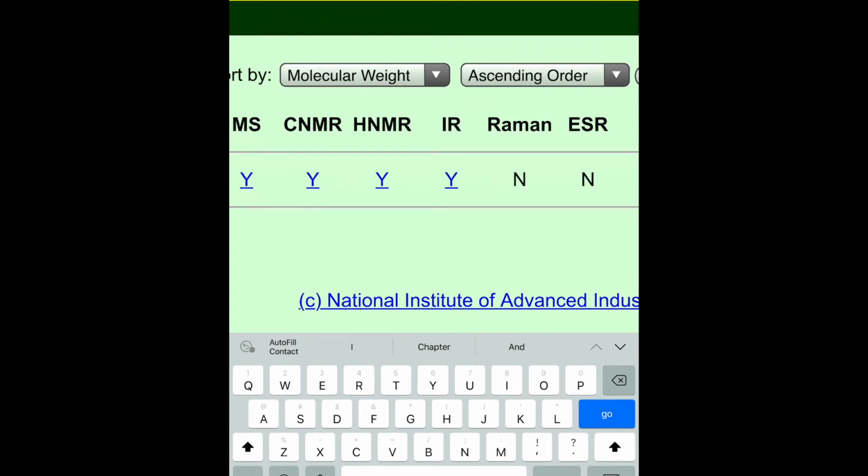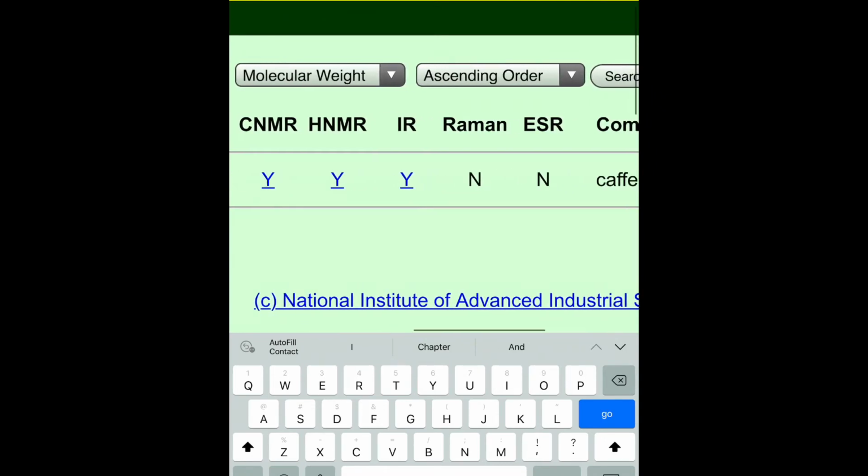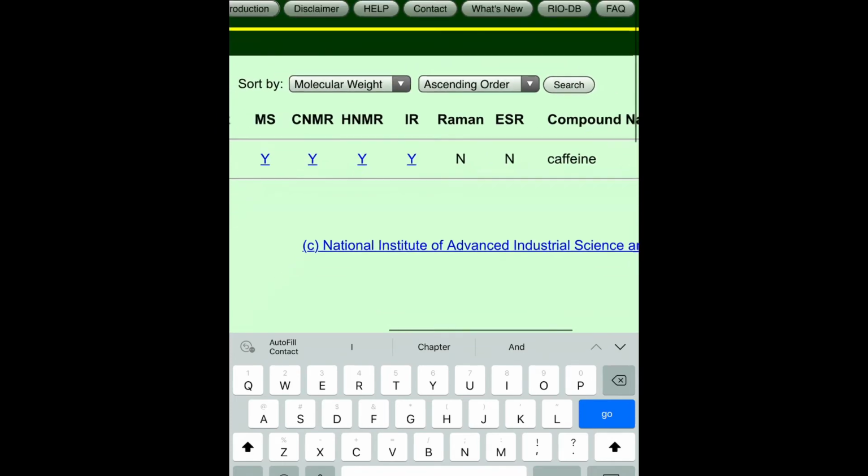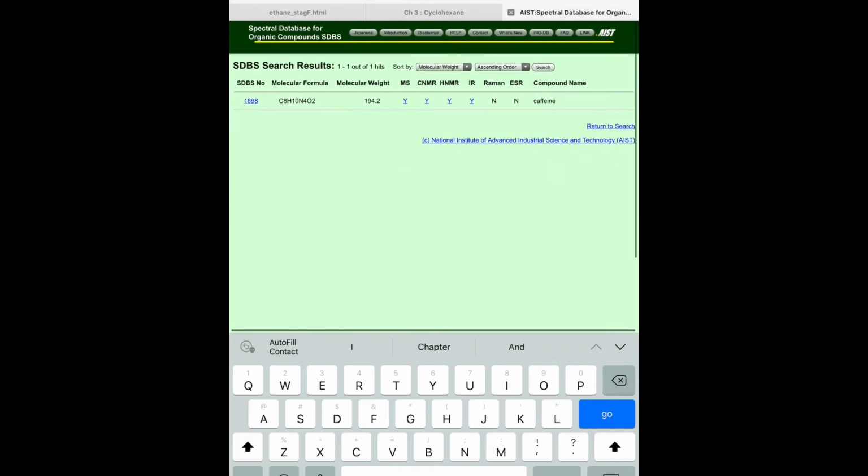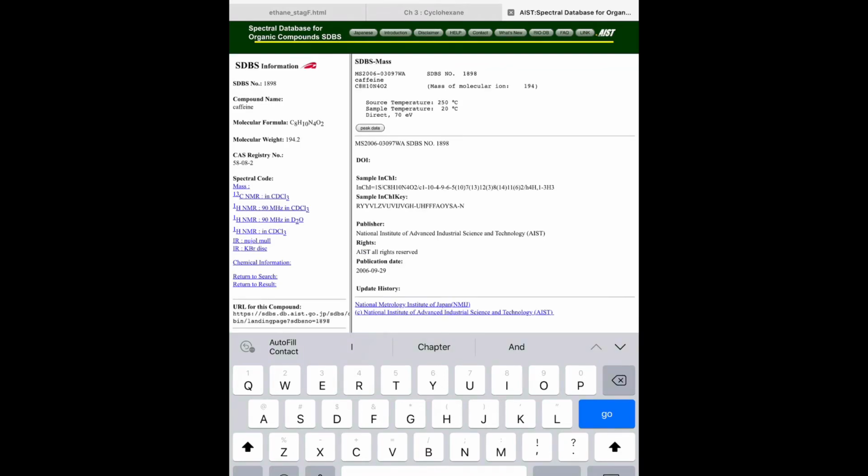CH NMR is the proton NMR, which we will eventually get to. And then we have IR, which is the infrared spectroscopy, which we will also get to. And the Ys mean that they have spectra for those modes of analysis.